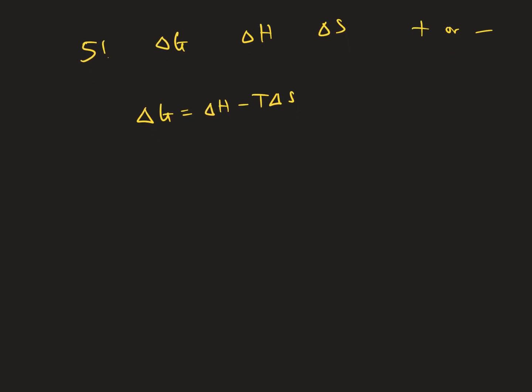Okay, so let's see. Let's say we have H2 plus O2 gives us H2O, for example. Let's make sure we have it balanced. There we go. So let's start with the easiest thing that we know. And maybe it says plus 62 kilojoules. I'm not sure if that's true, but let's just say that, okay?